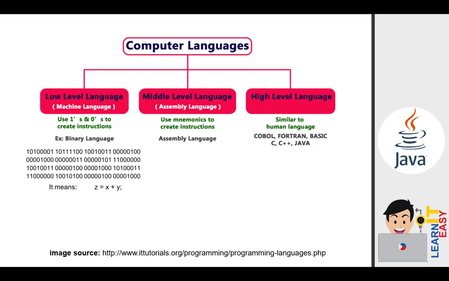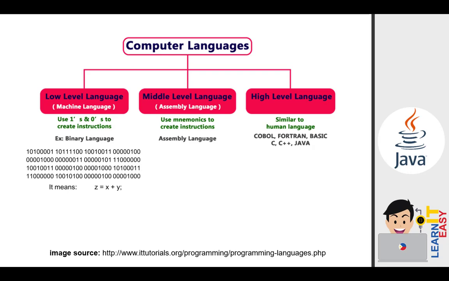If we had to add x plus y and store it to variable z, this is how it will look like in low-level language. The programmer had to write all the expressions in binary para lang ma-execute ng computer yung instruction na gusto nating gawin niya, which is in this case, z is equals to x plus y.